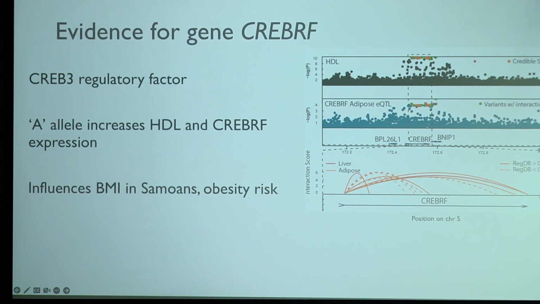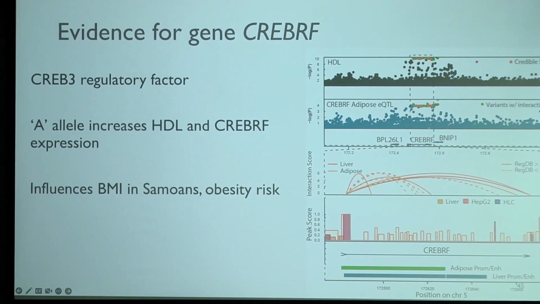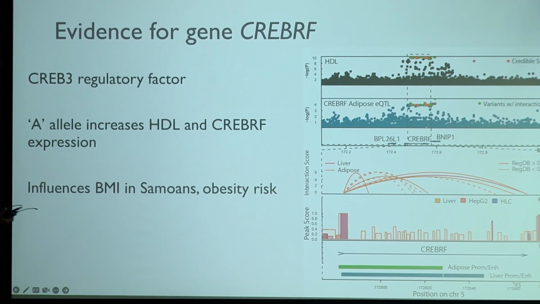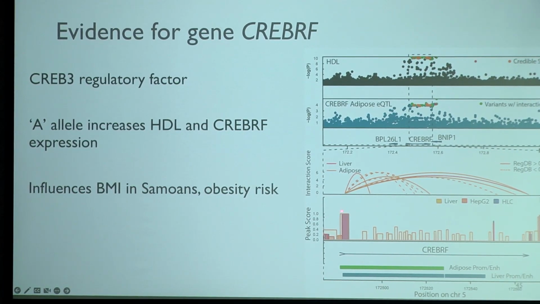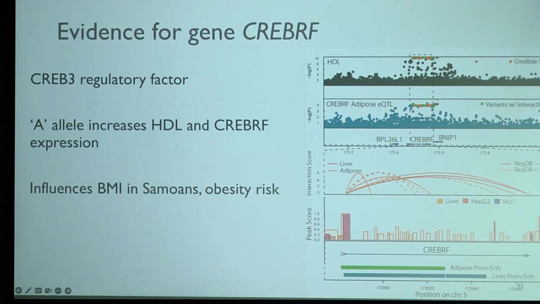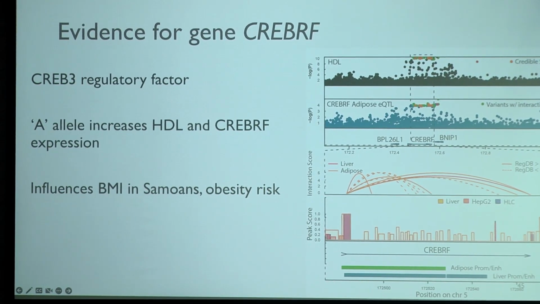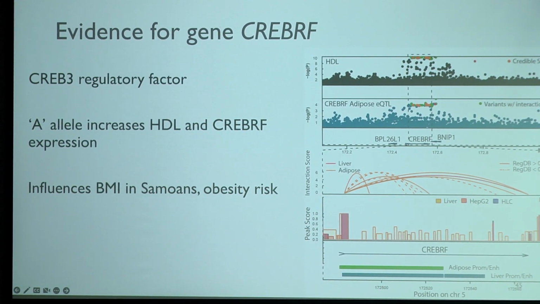We also add annotations from open chromatin, where we also see that the variant is likely to lie in open regions of the genome. And we also see that this variant is likely to be a promoter in the liver actually, not the adipose. And this again points to a given tissue's data set not being perfect. So we sometimes have to take information from a different tissue because you might not have complete information for a given data set.